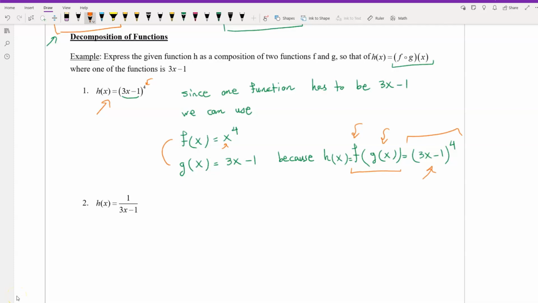Part 2, h(x) is equal to 1 divided by 3x minus 1. So again, we have f of g(x), and g(x) is the inner function. So for the inner function, we have 3x minus 1.